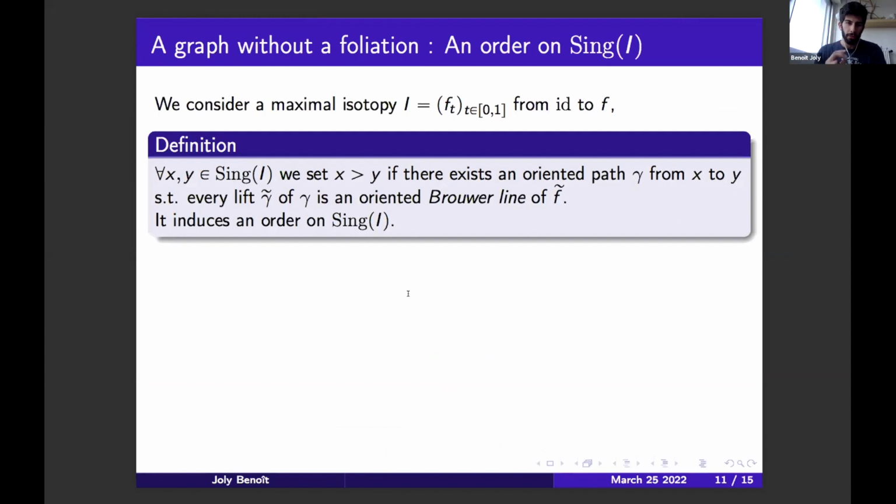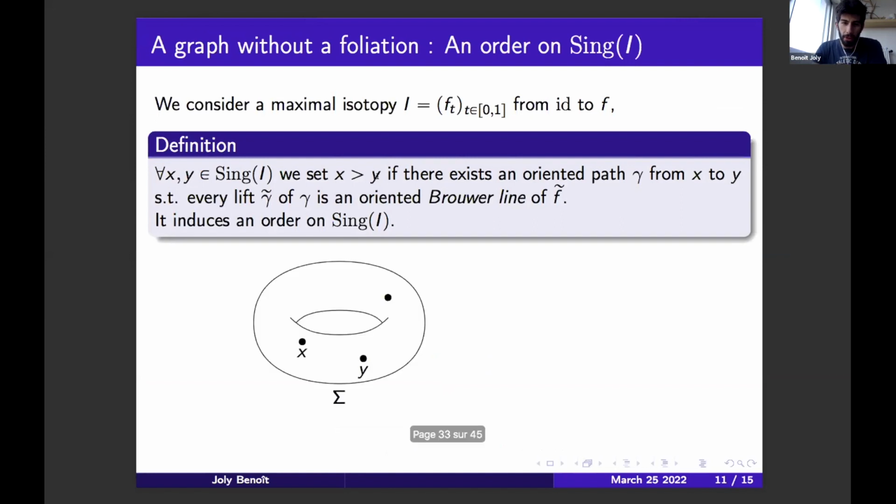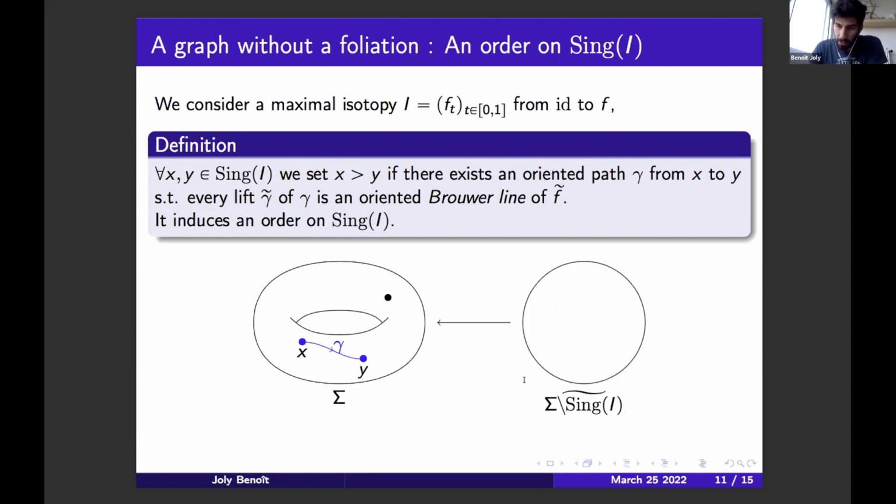For two singularities x and y of this isotopy, I say that x is greater than y if there exists a path gamma such that, on the universal cover of the complement of the set of singularities, this path lifts into a Brouwer line. So what is a Brouwer line?